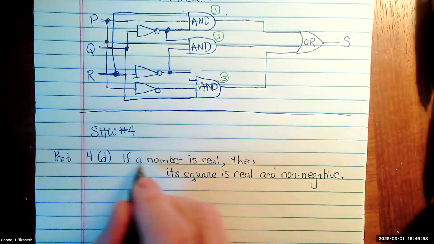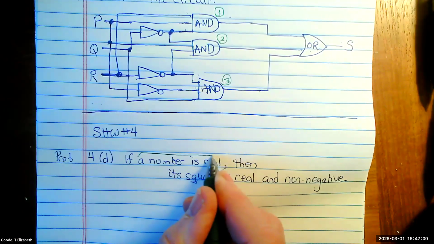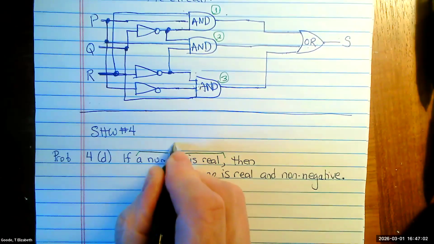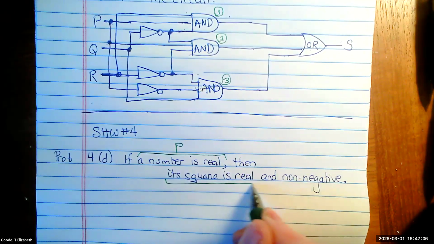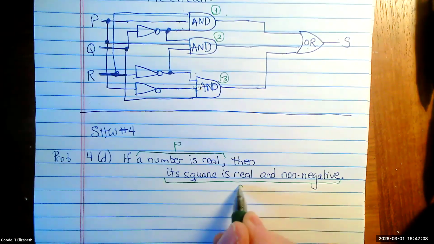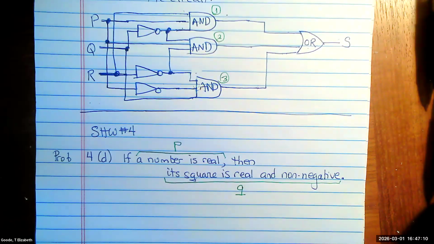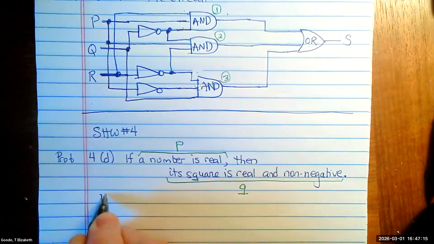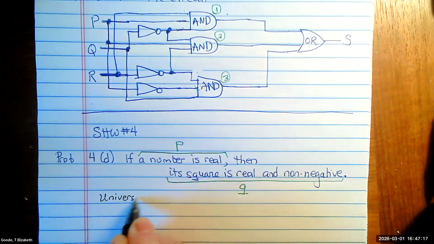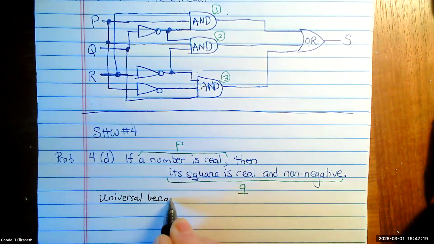So we have an if P, then Q. And we want to first realize this is definitely universal because it's a conditional.